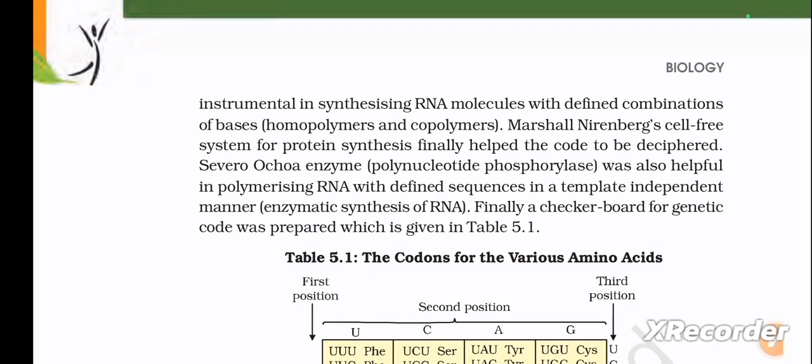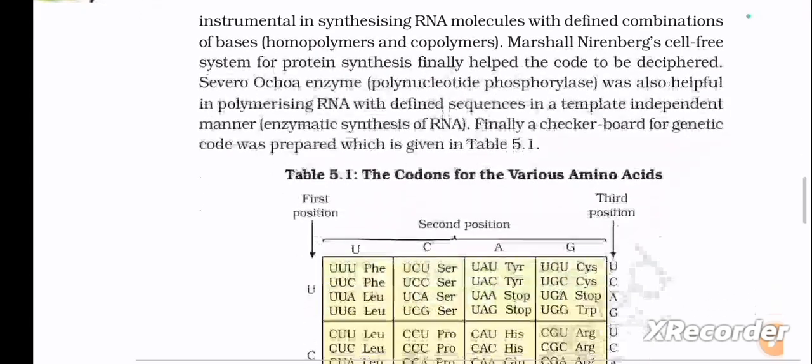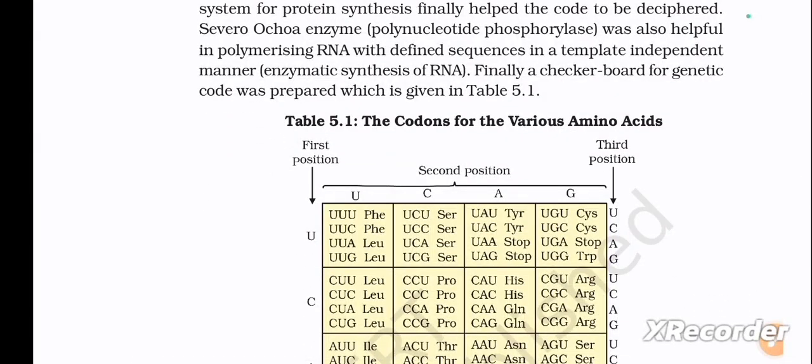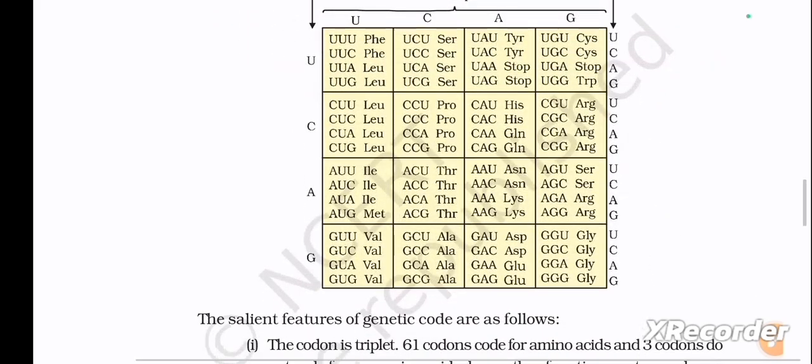Severo Ochoa's enzyme, polynucleotide phosphorylase, was also helpful in polymerizing RNA with defined sequences in a template-independent manner, enzymatic synthesis of RNA. Finally, a checkerboard for genetic code was prepared, which is given in table 5.1. You can check it out, the codons for the various amino acids over here in figure 5.1.